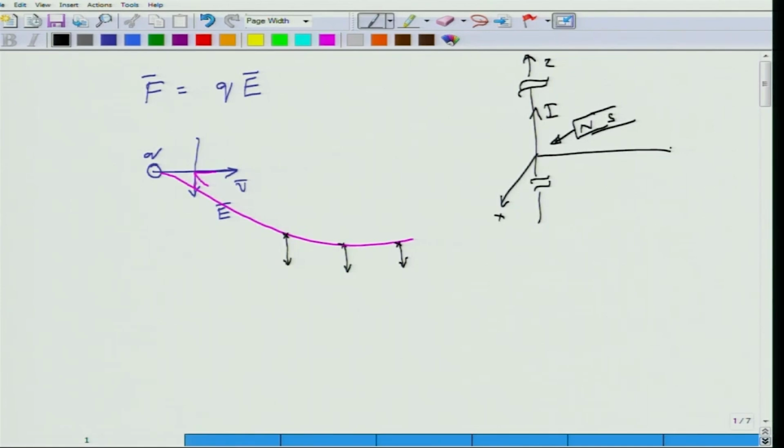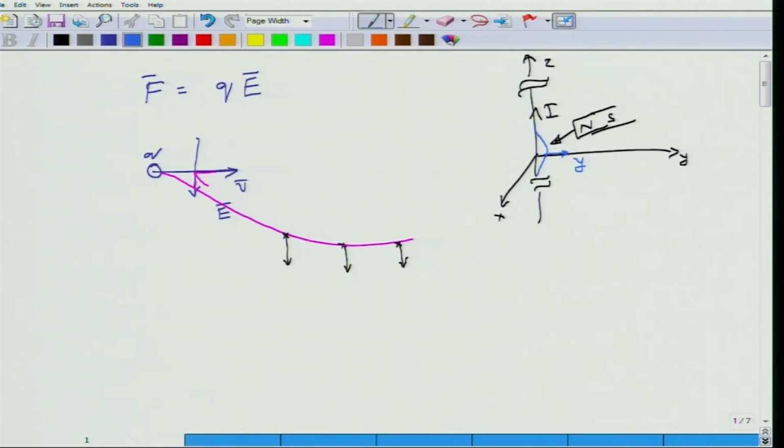I have told you that when I do this, the wire would just get deflected a little bit towards the y axis. And there is no electric field introduced here. So there must be something that is happening from the magnet that is causing the wire to deflect.